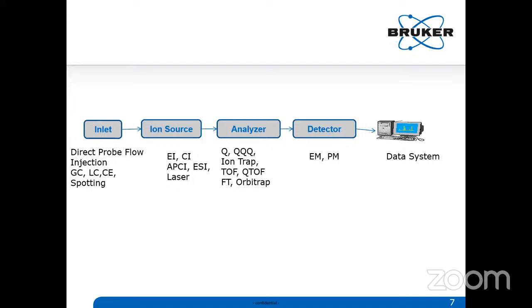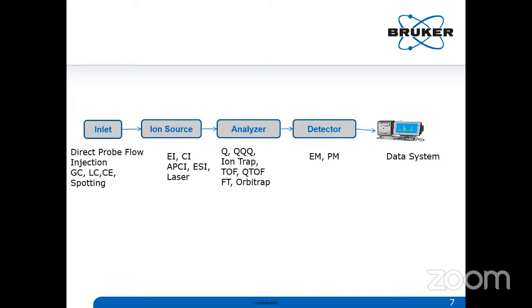The next step is the ion source. This is the part where your complete solvent and compound, whatever sample you are introducing to the mass spec, will get evaporated, ionized, and get the charge. It can be APCI, ESI, or laser. By using a laser, you can activate your compound. You can use ESI, electrospray ionization, or APCI, atmospheric pressure chemical ionization, or EI, electron ionization.